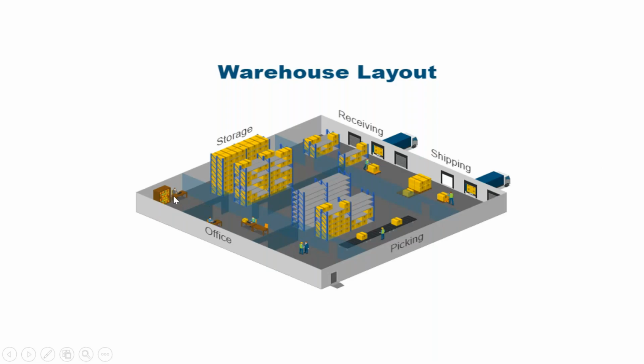Our warehouse manager sits here, warehouse people sit here, supervisors. And here is a work center where they are picking and adjusting the boxes or pallets. And these are my rack storage types, as they are called.